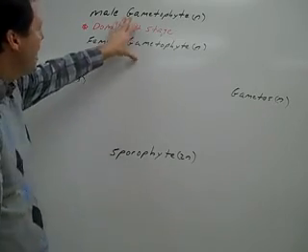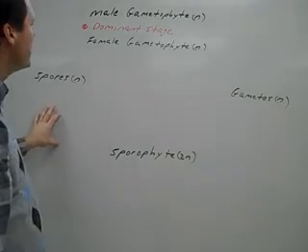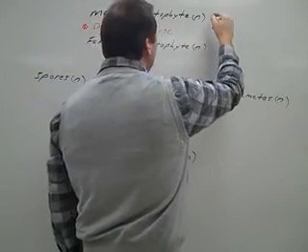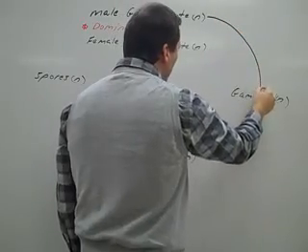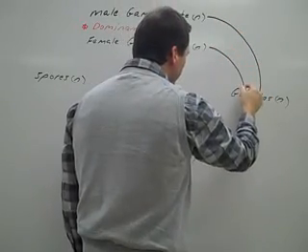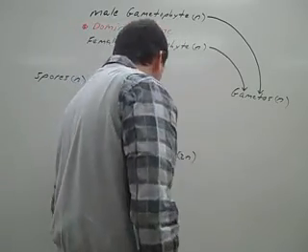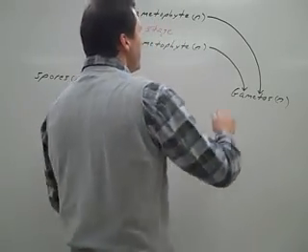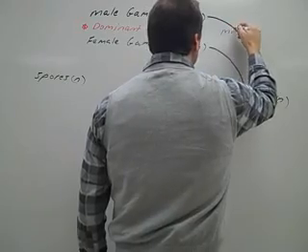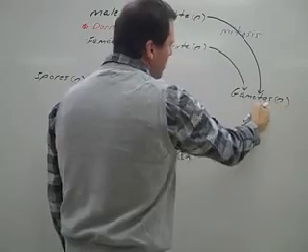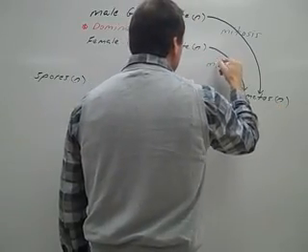Now, let's go ahead and connect up these various stages here. The male gametophyte and the female gametophyte are going to produce gametes. And this is going to occur through the process of mitosis. So I'm going to write mitosis because we're going from N to N, and that means mitosis.